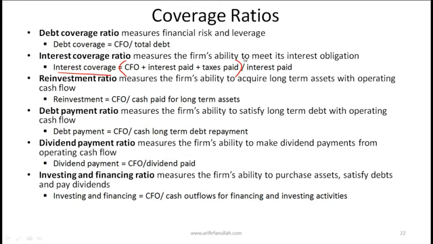The analogous one is EBIT, which is your operating profit, divided by the interest expense. Essentially what we are saying here is that the numerator is the cash flow that is generated, and we want this number to be high, divided by the interest that we pay, which we would want to be low.